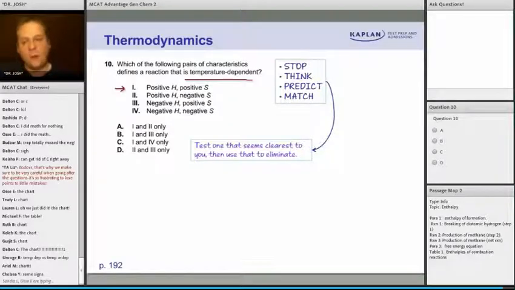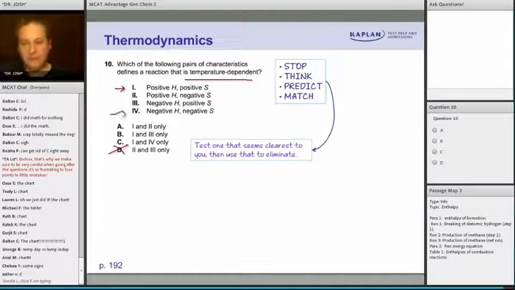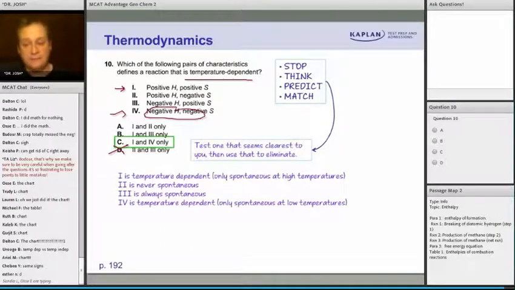So guess what? 1 would matter. Since 1 matters, it can't be D. Then we know that 4 should matter. And if we look at 4 and know that they're both negative, at that point, we're done. Same signs. And note, this is just a restatement of that chart. Same sign, temperature dependent; different signs, never temperature dependent. And we saw that as we plugged in numbers.